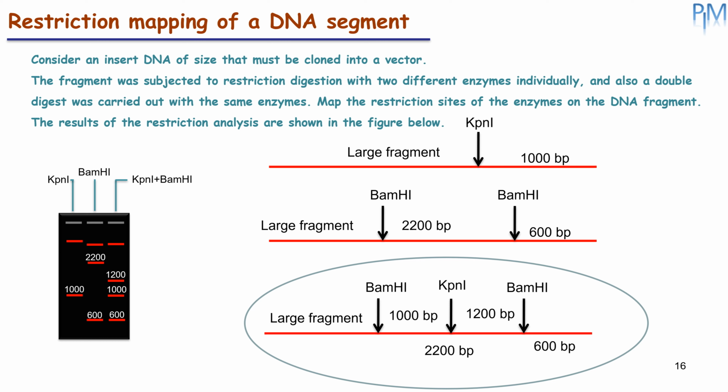KpnI alone produced a large fragment and a 1000 base pair fragment. BamHI gave a large fragment and 2200 base pair and 600 base pair products. Therefore, if we digest with both these enzymes, we may get a large fragment, a 1000 base pair fragment, a 1200 base pair fragment and a 600 base pair fragment, and we can make up a restriction map like this.